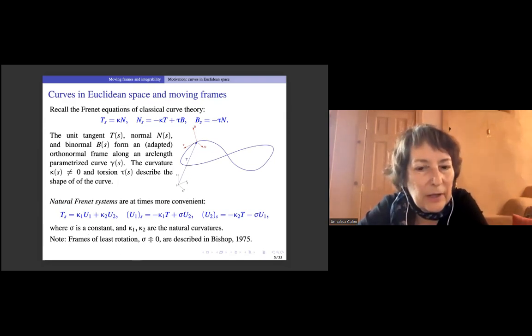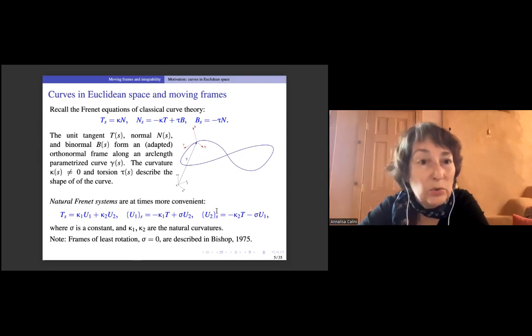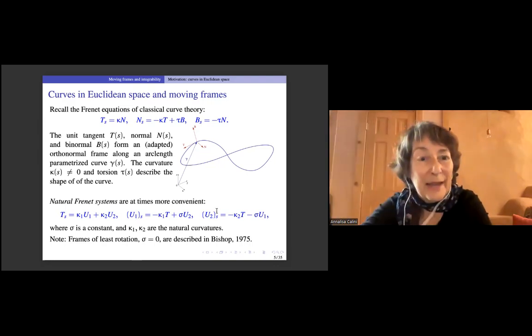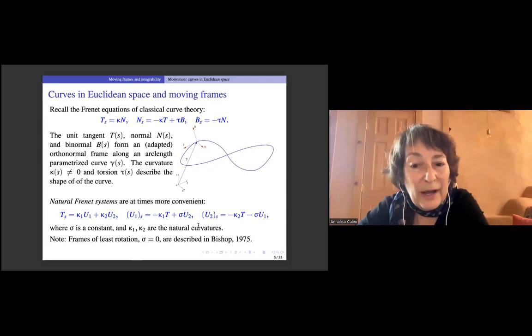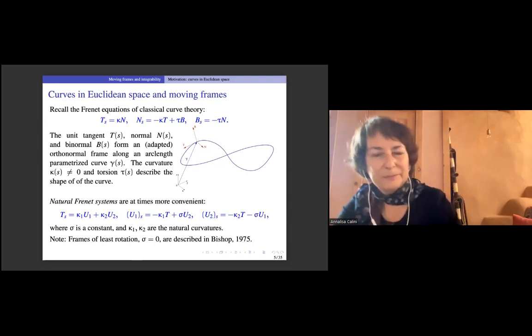In particular, frames of least rotation, where this constant sigma is 0, are called parallel frames because as the normal vectors U1 and U2 evolve by sliding along the curve, their velocity is parallel to the tangent of the curve.